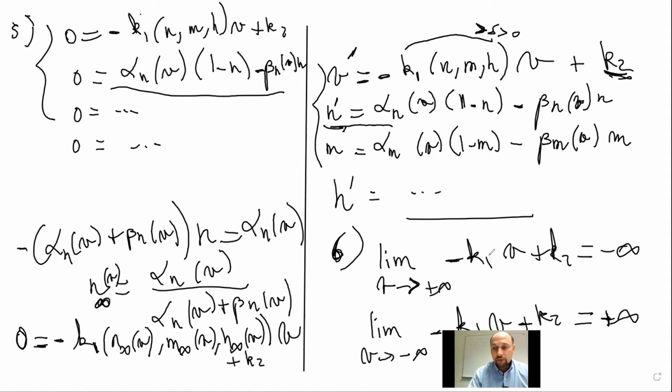And so if you call it V star, then from V star you deduce N, M, and H. And this is a stationary point. So that's it.